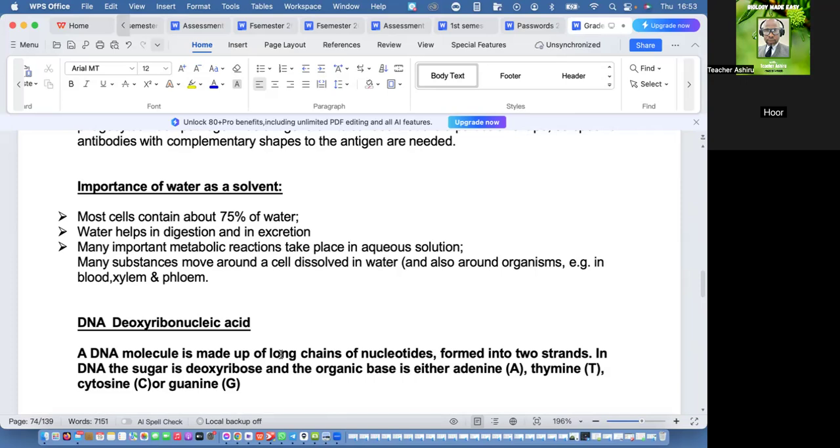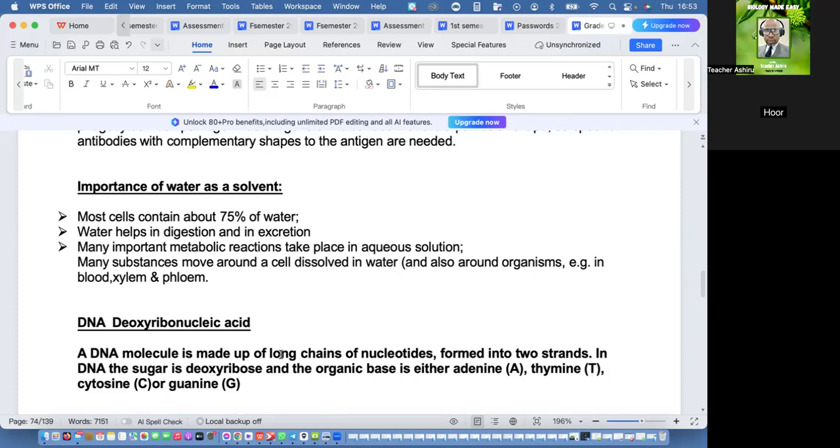And in excretion, because without water, we can't excrete waste products. Of course, some of the water is also excreted as metabolic waste, but it is very important to create a better environment for digestion and excretion to take place.